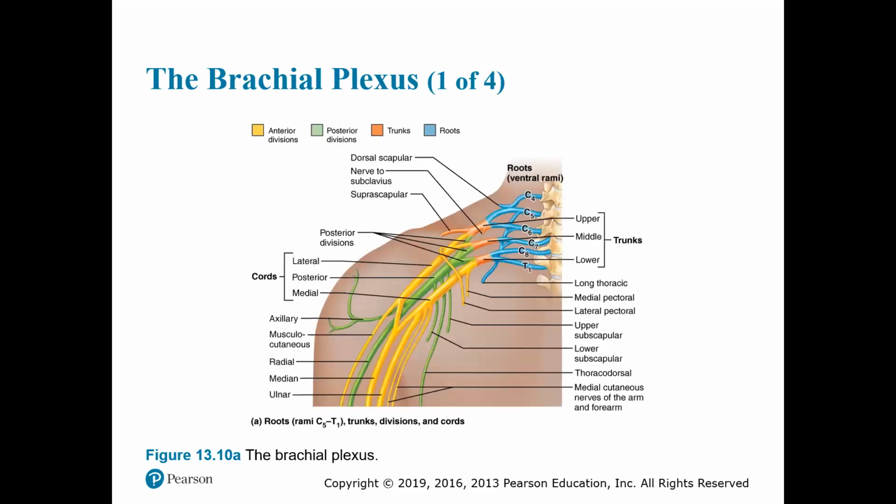So here's the brachial plexus broken down. Here are some nerves you should remember that are part of the brachial plexus. They start at these roots, and then they have divisions, which go to cords, and they branch further into nerves. For example, the axillary nerve innervates the deltoid muscle.